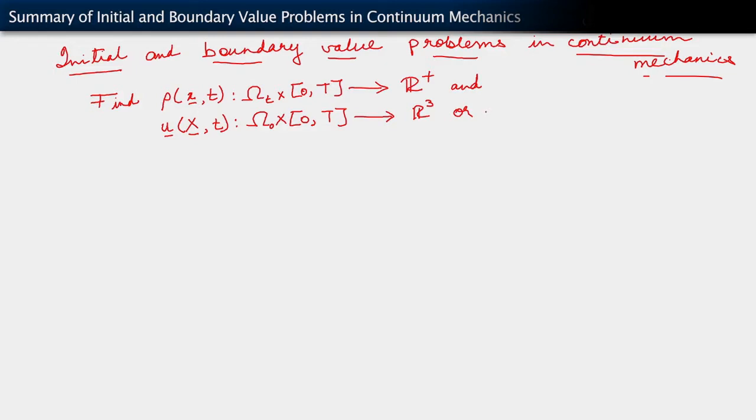And the velocity field in this case would be the spatial velocity field, and this is a mapping from the current configuration cross time interval to R3 as well, a vector.